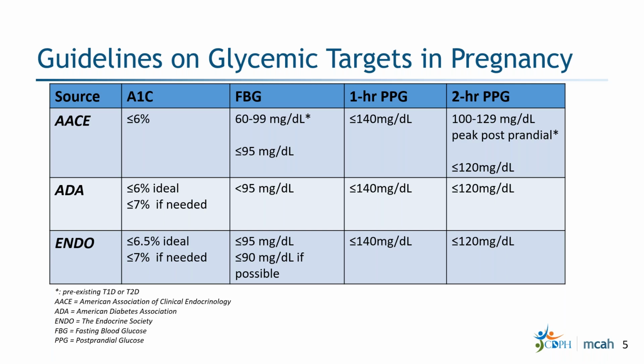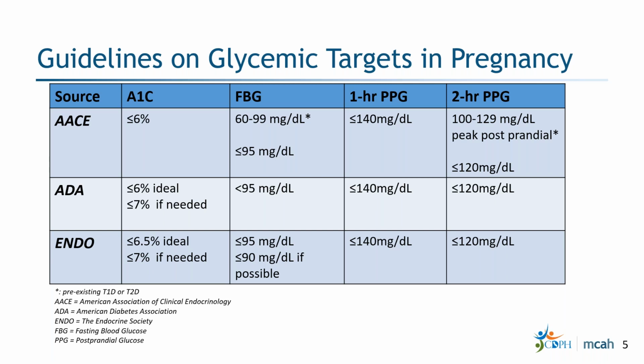In general, ACOG is pretty in line with ADA in terms of the goals. For most people, we're aiming for less than 6 or less than 6.5% A1C. But we know A1C has a lot of limitations. It's based on red blood cell turnover. Often it does run lower in pregnancy, and it's also based on an average glucose. So A1C alone, unfortunately, is not really enough to know the day-to-day fluctuations.